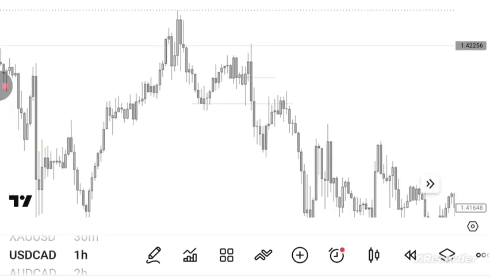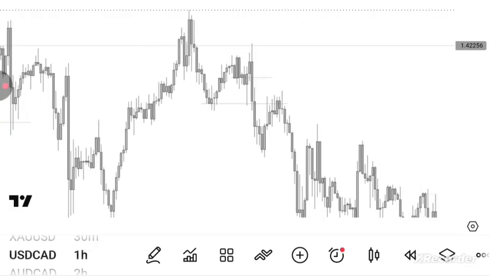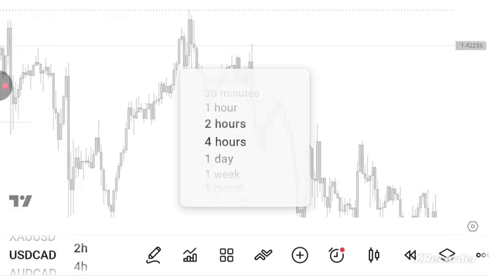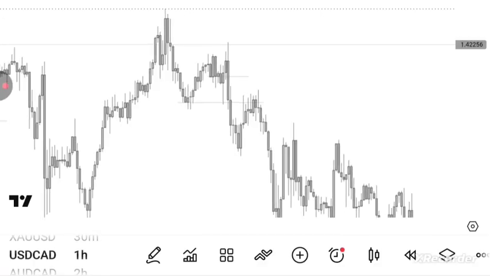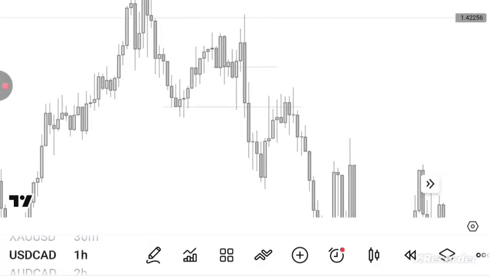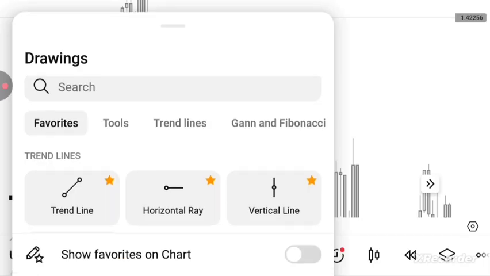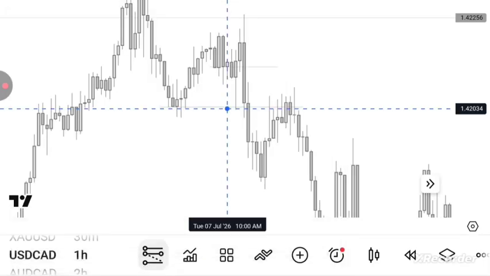So our 4 hours, our 2 hours, and our H1 are overlapping with each other. That is telling us that we could actually take that trade directly from our 4 hours breakouts, right?